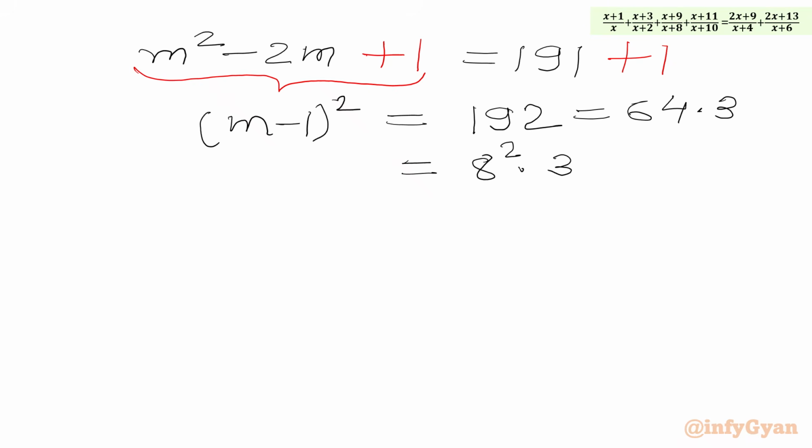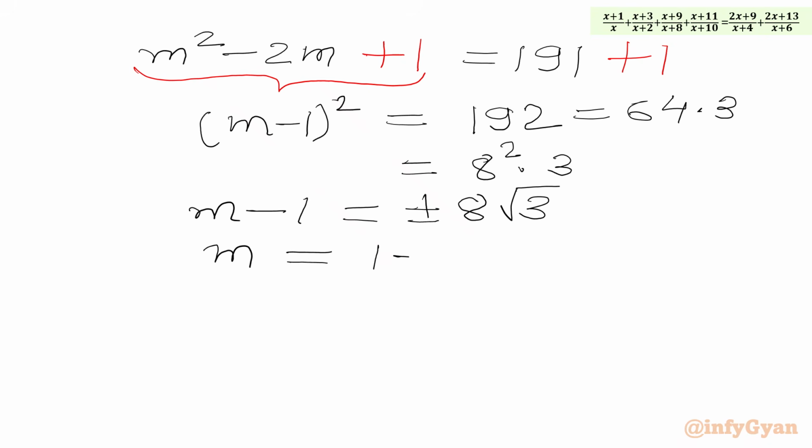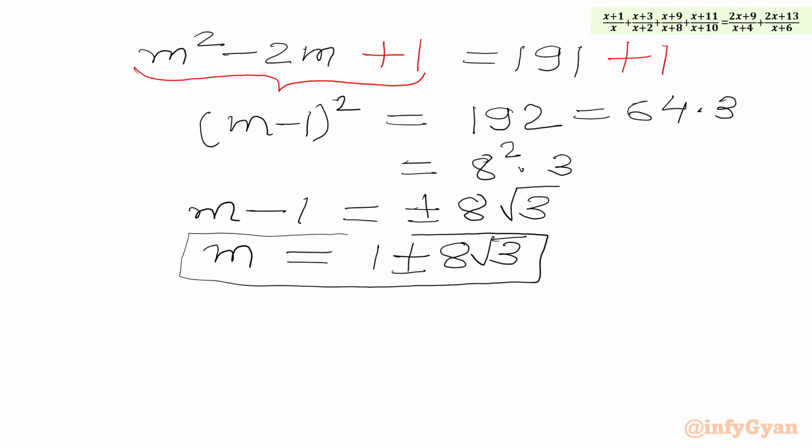Now we will take square root both sides. So we will get m minus 1 equal to plus minus 8 square root 3. Now we'll add 1 to both sides to get the value of m. So m will be equal to 1 plus minus 8 square root 3. Now we have two values of m, and our condition on m is that m should be positive.